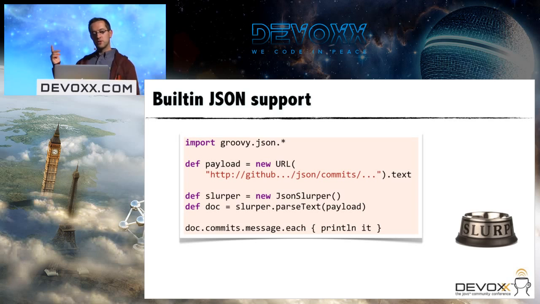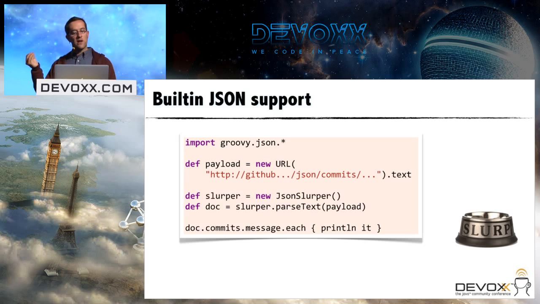Just one word before particularly talking about JSON: Groovy adds new methods to the JDK, or you can even add your own methods to JDK classes, even final classes, thanks to the fact it's a dynamic language. For example, we added a getText method, which can be shortened to .text as a convention.